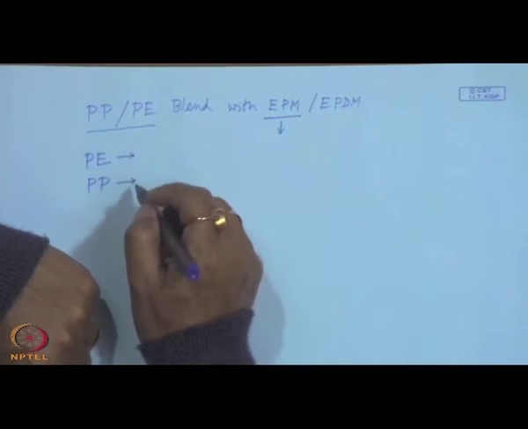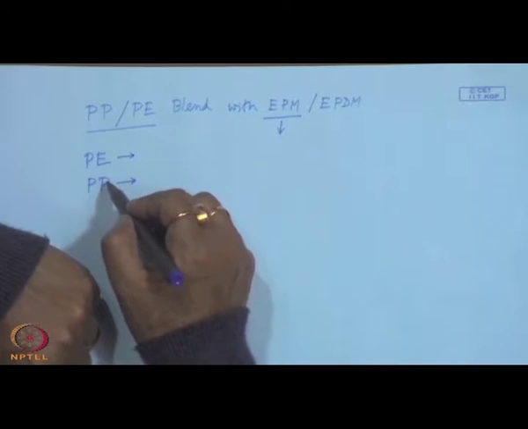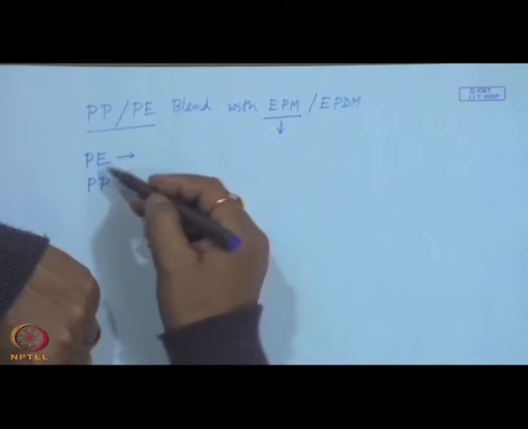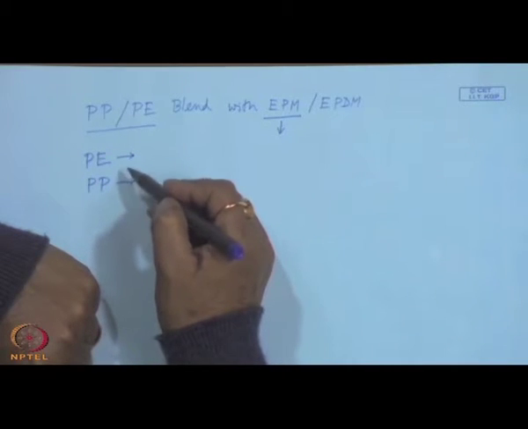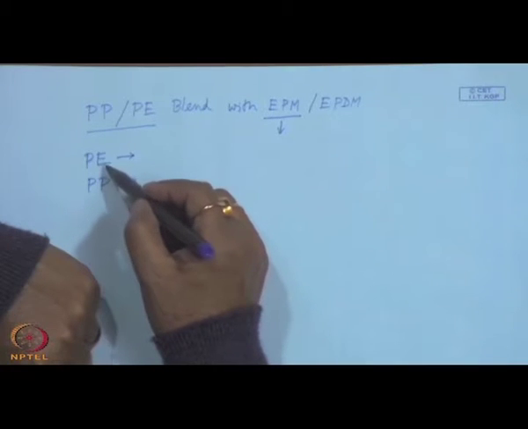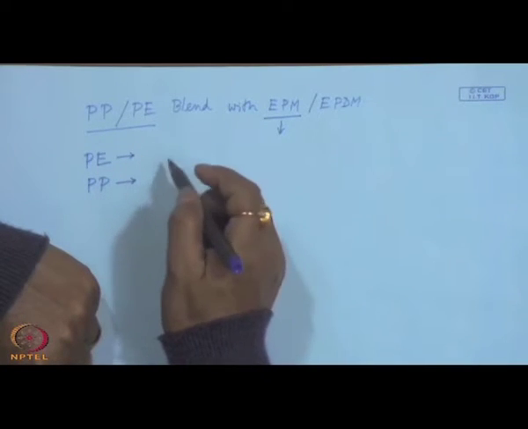But if some quantity of polypropylene is introduced in polyethylene matrix, or vice versa, the crystallinity of either polymer will be affected.